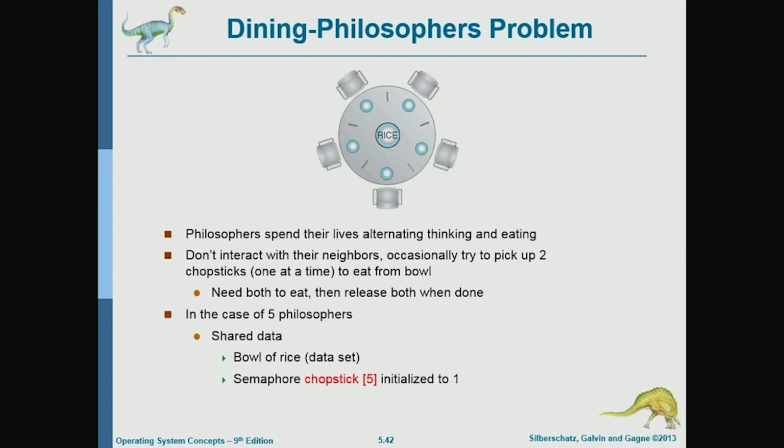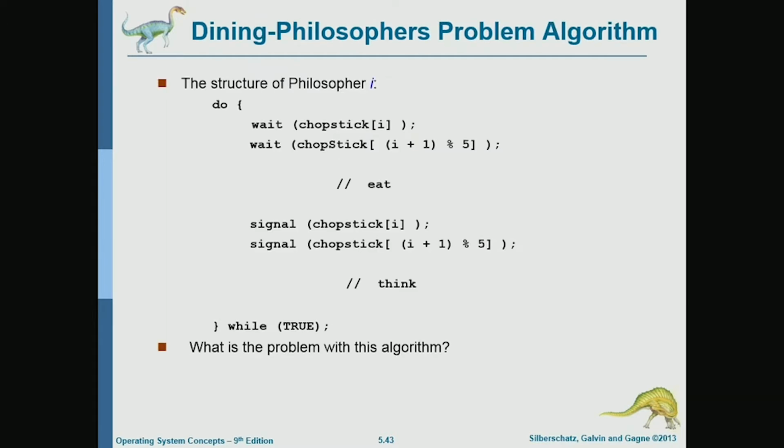And each philosopher must check both semaphores before they can eat. So each philosopher is going to check on semaphore I or chopstick I, then he's going to check on chopstick I plus 1 mod 5. Then he's going to eat. Then he's going to release both of them. Release both chopsticks.